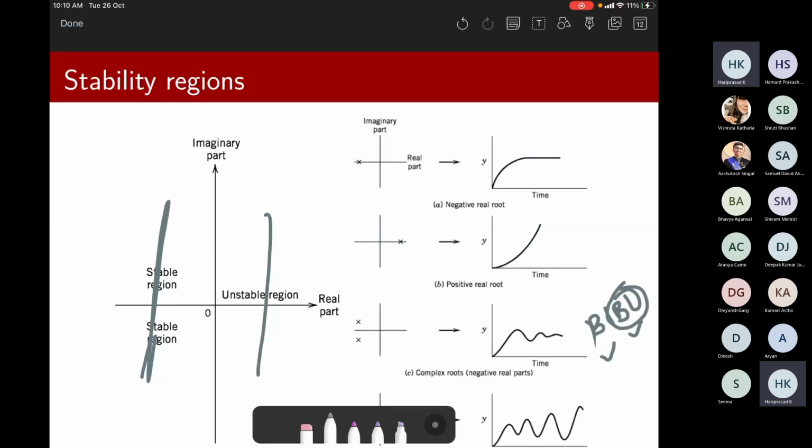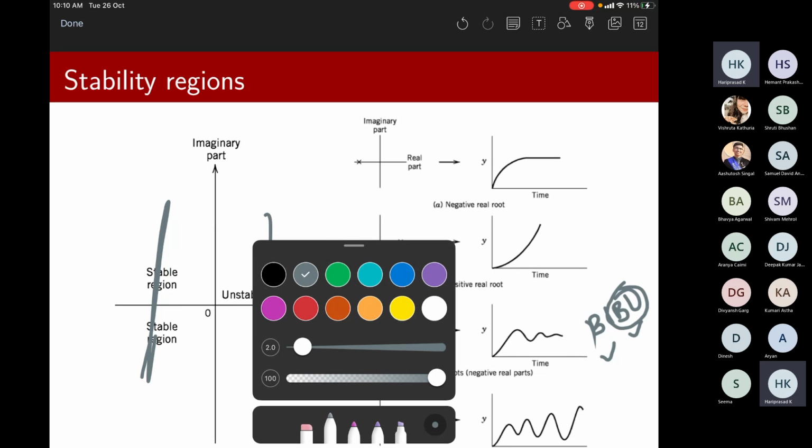Okay, so now how to check it? We know it is the roots. We have already done it for first order and second order systems. It's basically the denominator roots. You have to check that they lie in this region. Let me mark it if I have a green color here.